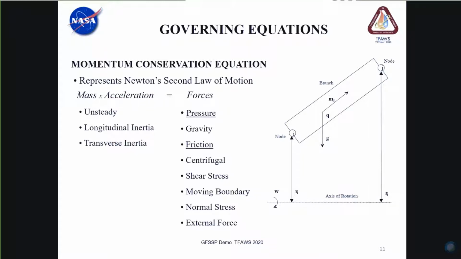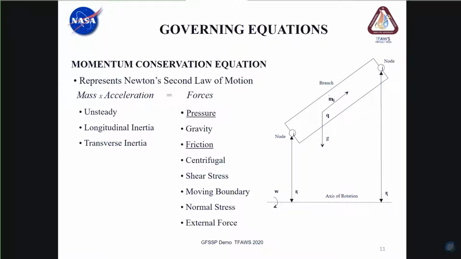The basic form of our momentum equation contains a pressure drop term and a friction loss term, where the friction loss is a function of the flow rate squared. But you have the option of activating extra terms in the momentum equation depending on the type of analysis you're doing. You might use the unsteady term if you're doing a water hammer or priming analysis.